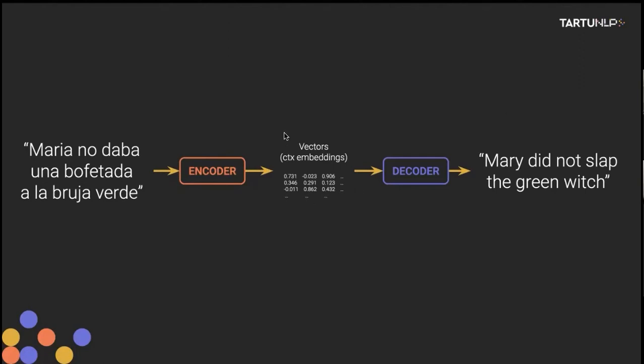So as the output of the encoder, we have a list of vectors, or contextual embeddings, for each input token. This is a big matrix, which vertically is the size of the sentence when tokenized by SentencePiece or some byte pair encoding, and horizontally it's the size of the embeddings, so easily 512 or 768 or 1024, whatever.